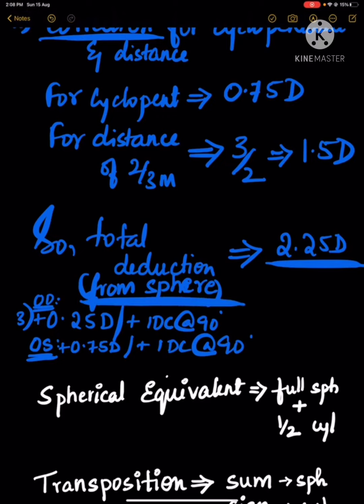So now, this is not the end of it. The end of a refraction case is the diagnosis. Now, how will you write the diagnosis? So basically, this is a compound hypermetropic astigmatism with the rule.